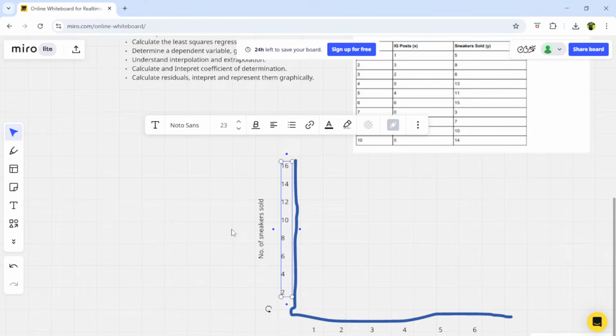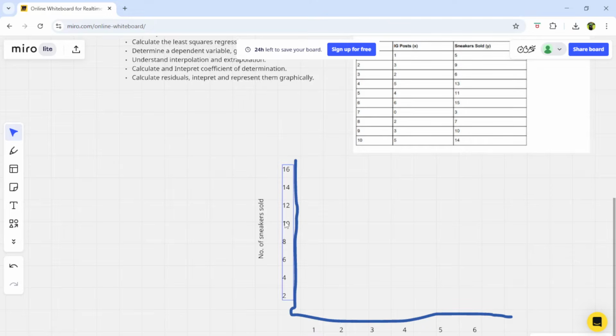Okay, 2, 4, 6, 8, 10, 12, 14, 16. Cool. So now these are our values. Now we're going to plot this information on this. So that is the scatter plot.